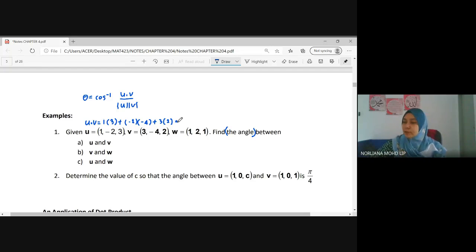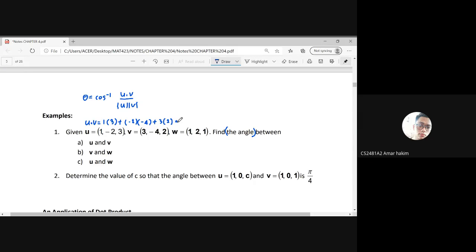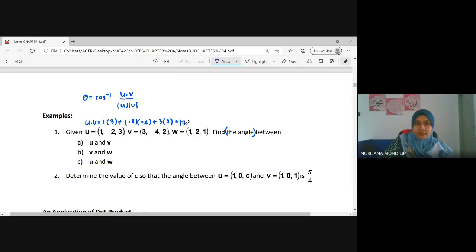So we get the dot product of U dot V equal to, what do you get? Volunteer. 17.